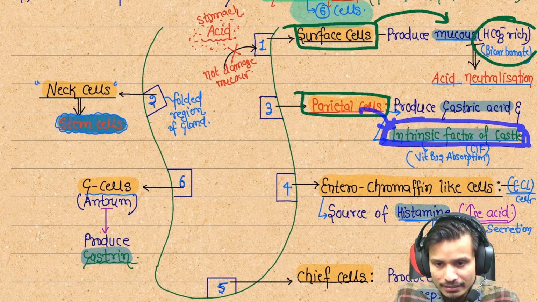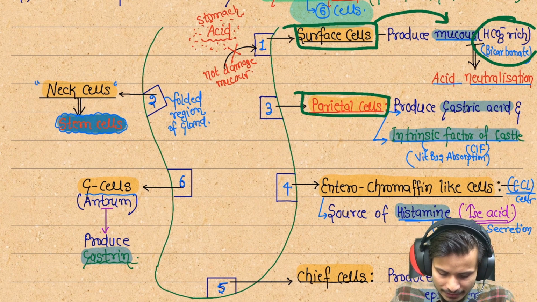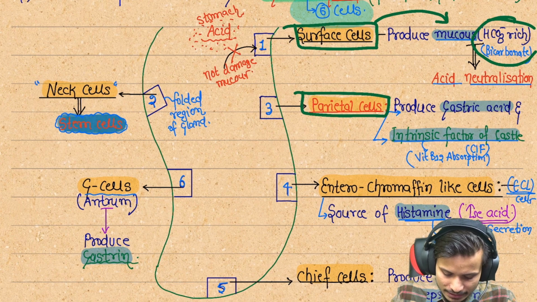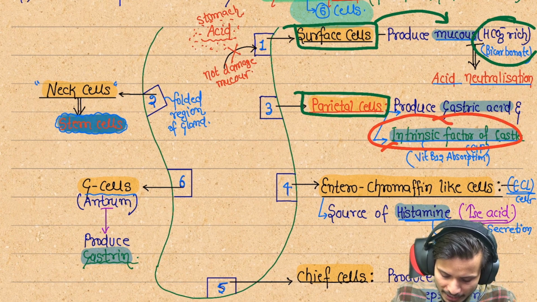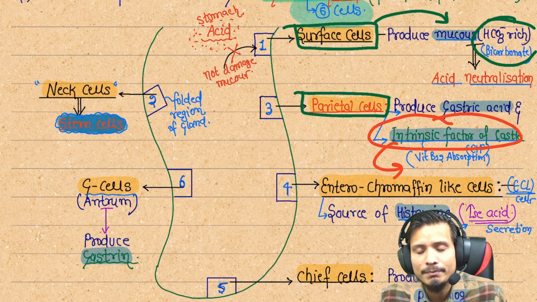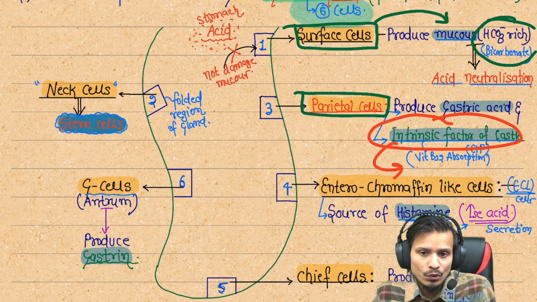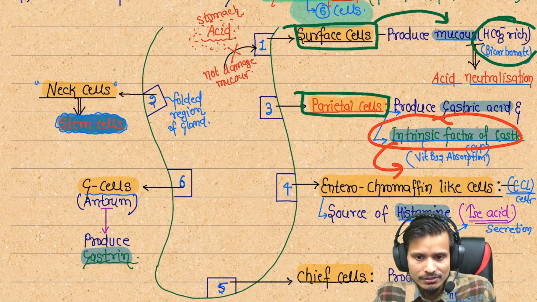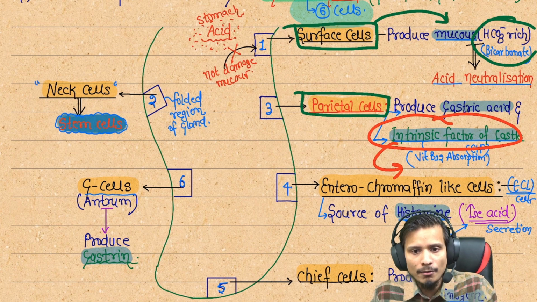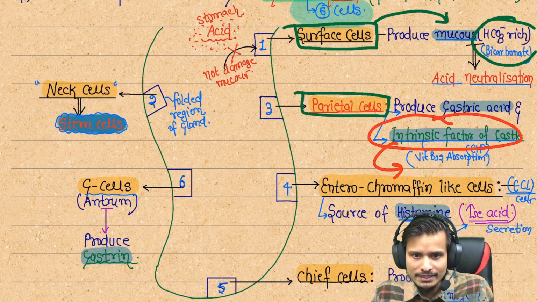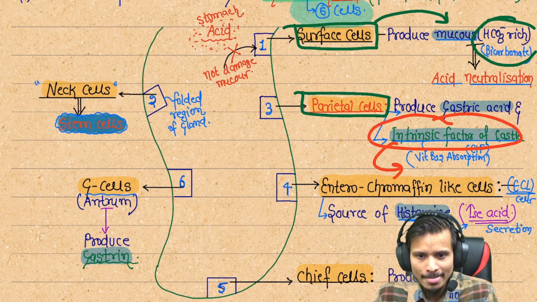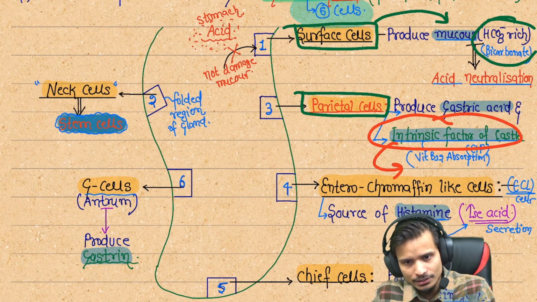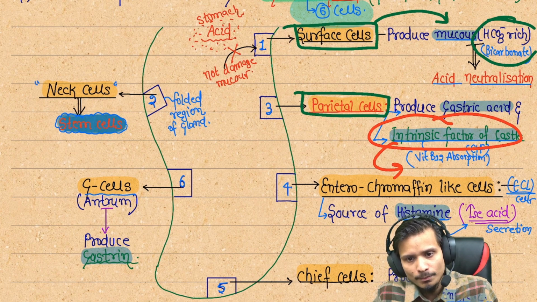The main role of the Castle intrinsic factor is the absorption of vitamin B12. So first we discussed the surface cell, and next the parietal cell, which secretes gastric acid, HCl, and intrinsic factor, for the absorption of vitamin B12.